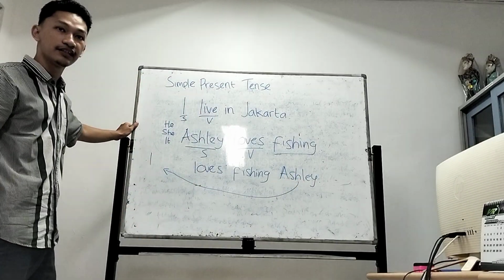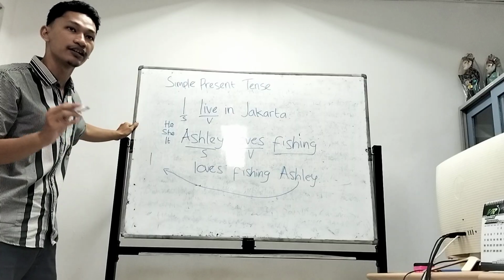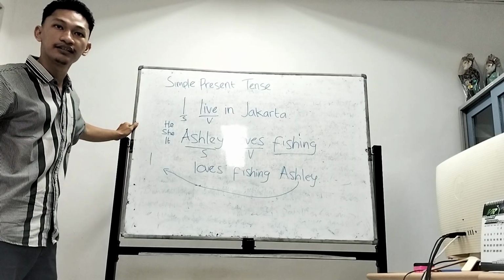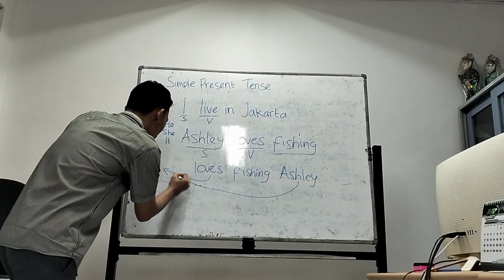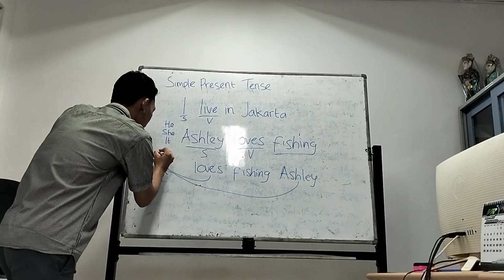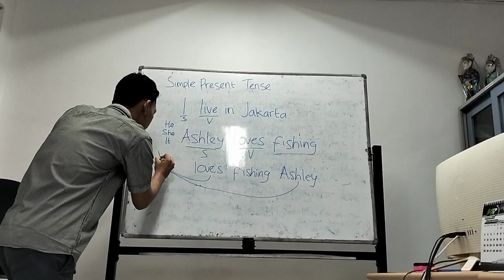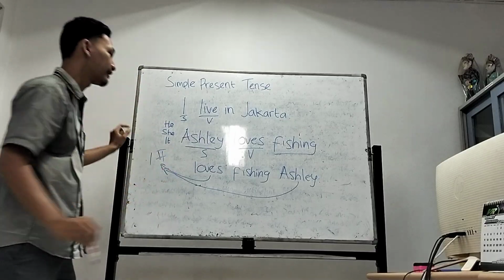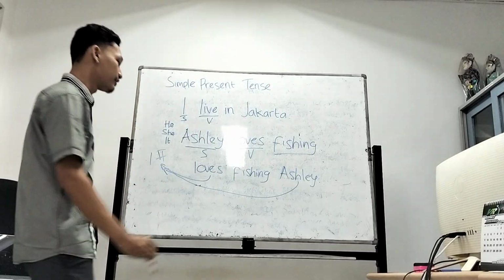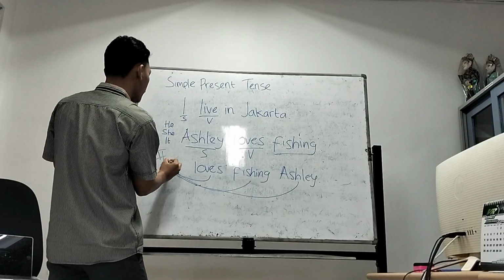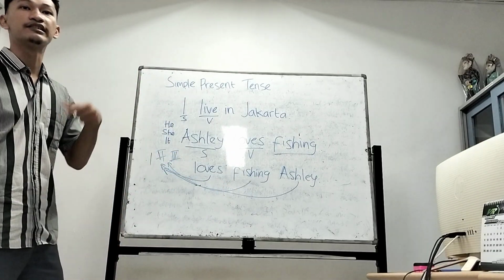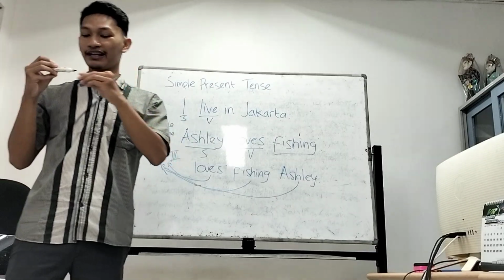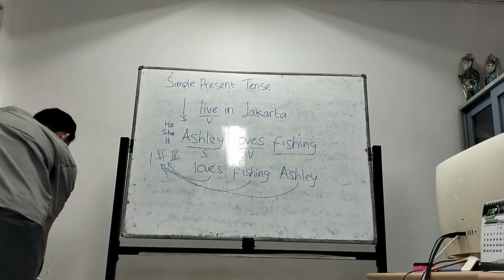And after Ashley, which is the subject, what do we need to decide? Yes, the verb. So we need to add the verb in the second part of the sentence, and lastly fishing, which is the detailed information, in the third part of the sentence. So you need to put the sentence in order. Okay, let's play Unjumble.